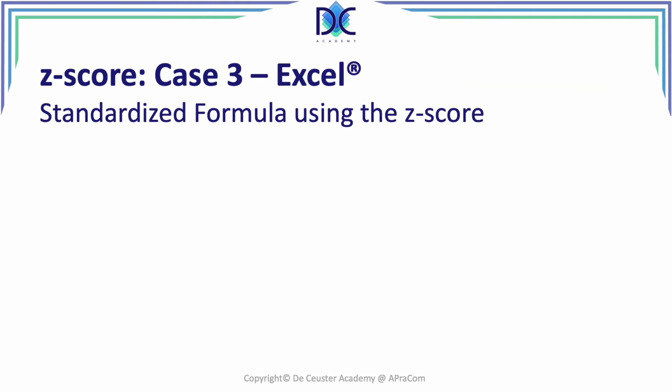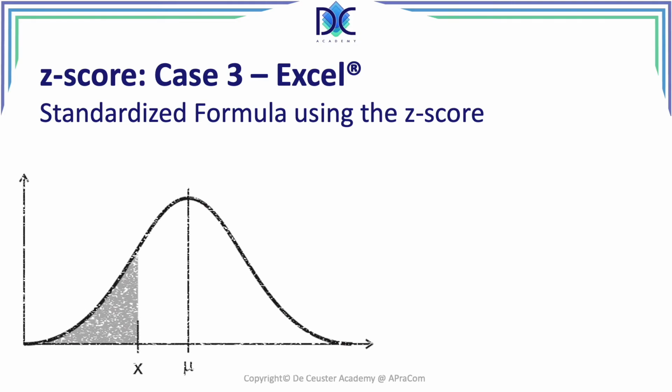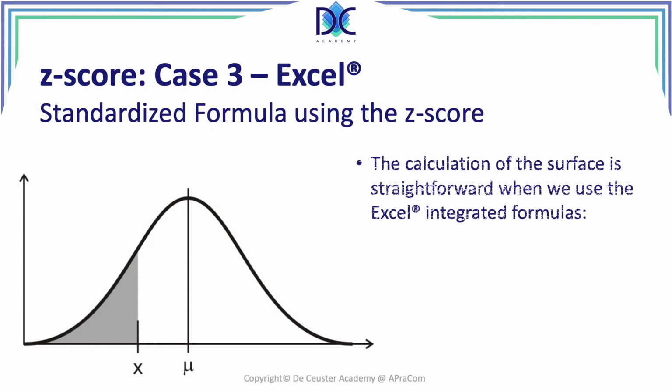The next thing to do is to use the standardized formula using the z-score. So basically, when we're going to use Excel, we can immediately calculate the surface because Excel gives us the surface to the left of x, always the cumulative approach. Now we look at the element here, so we look at the integrated formula.